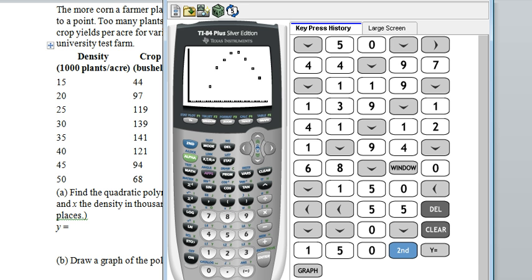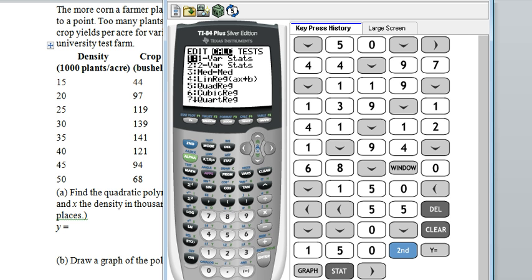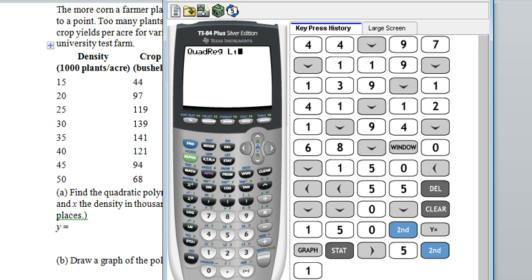So now we're going to get the quadratic equation that parallels this scatter plot. We're going to go Stat, over to the right 1, 5 for quadratic polynomial, second 1 for L1, comma second 2 for L2.